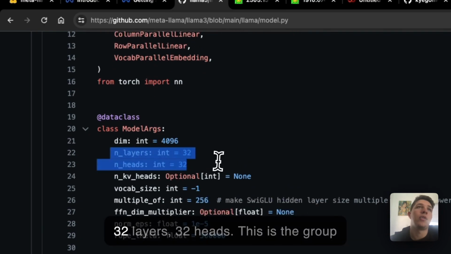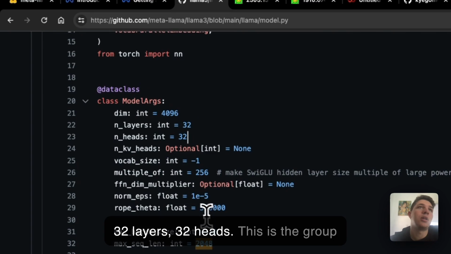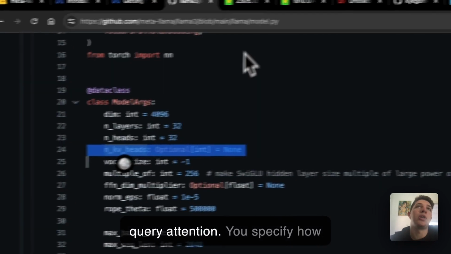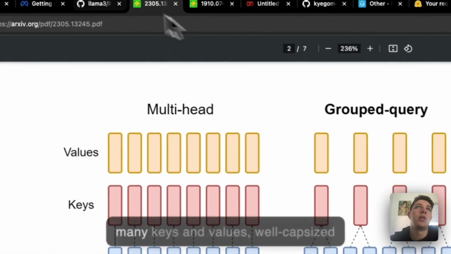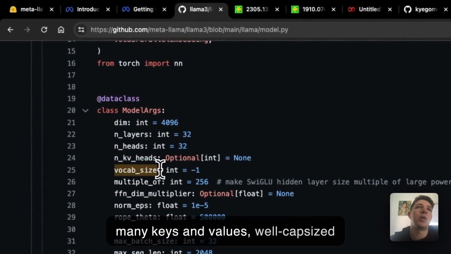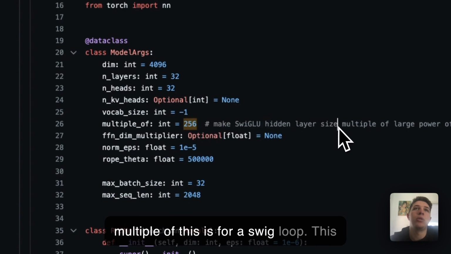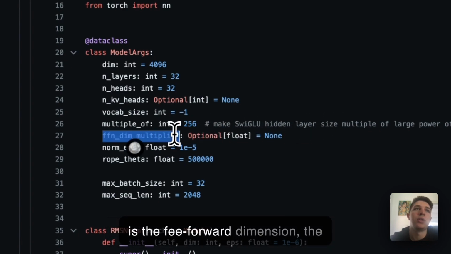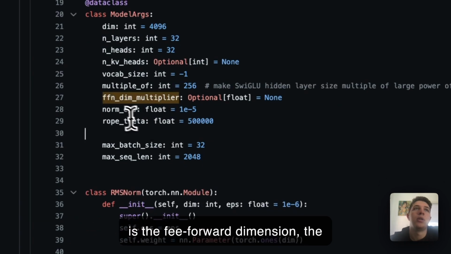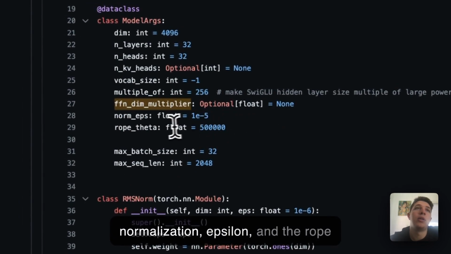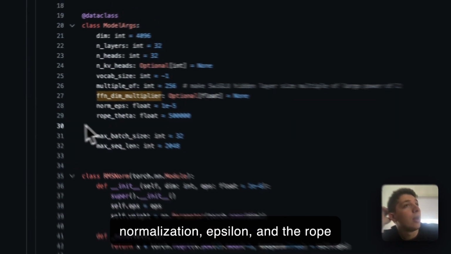The dimension is 4096. They have 32 layers, 32 heads. This is the grouped query attention, so you specify how many keys and values, vocab size, multiple of. This is for SwiGLU. This is the feedforward dimension, the normalization epsilon, and the rope theta.